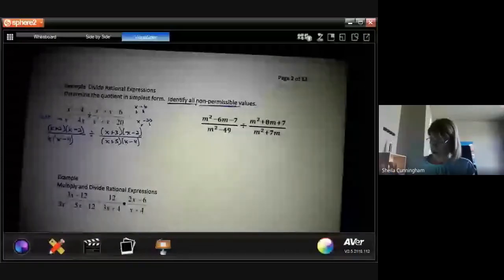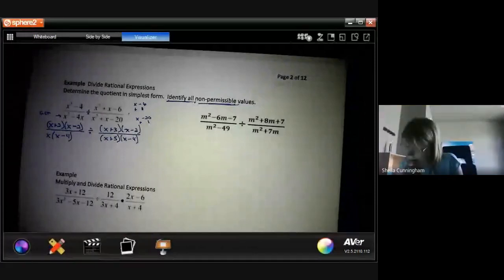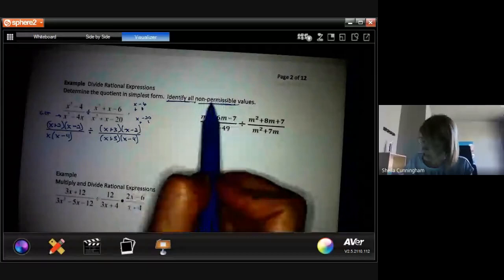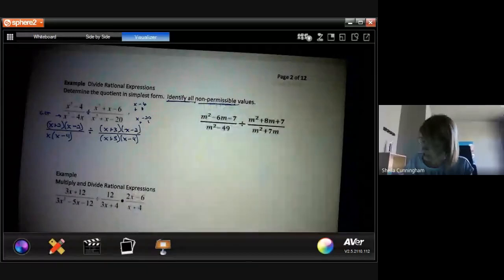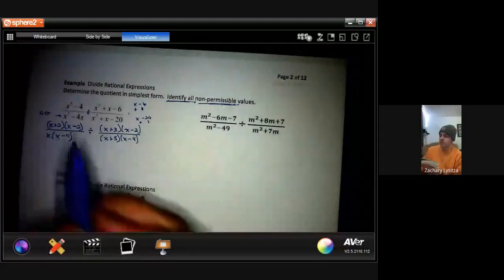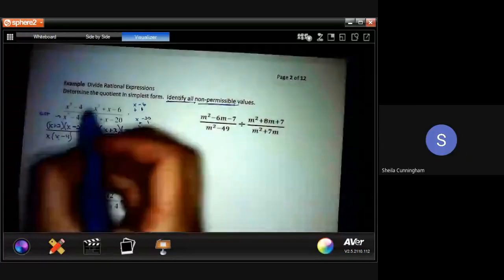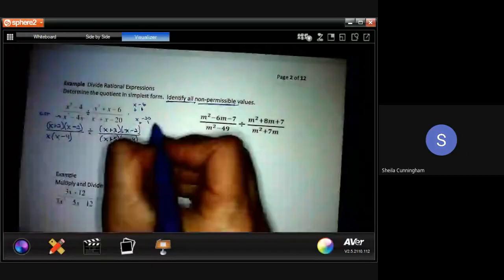Okay, so those are just your basic factoring again, like what we've been working on. Now it says we have to identify all non-permissibles. Non-permissibles again, look at your factored denominators. In my factoring, I'm looking at an x.